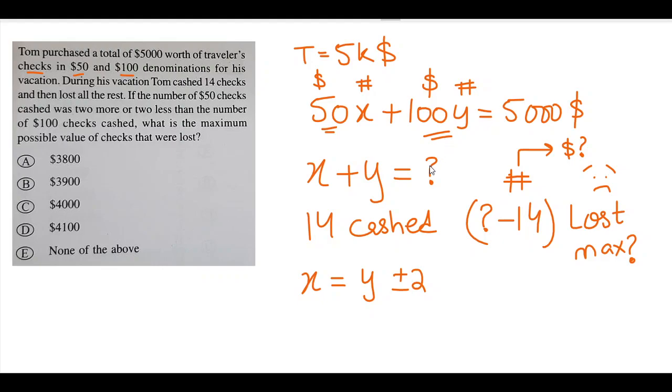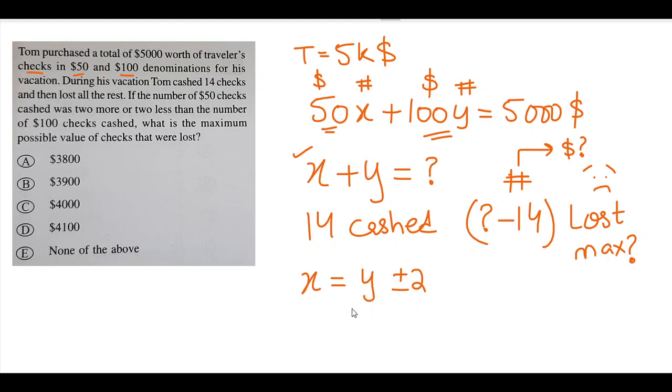So the thing I want to cash is X, not Y. I want to keep Y in this question mark part as much as possible to make the overall value bigger.